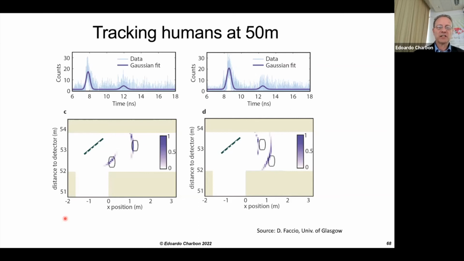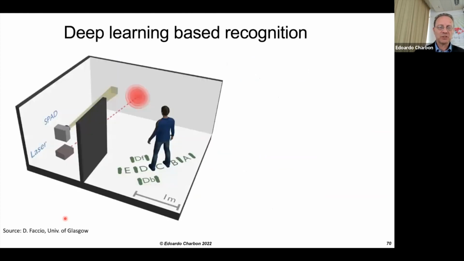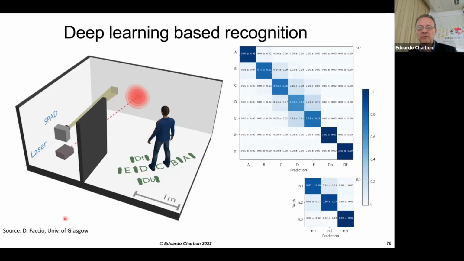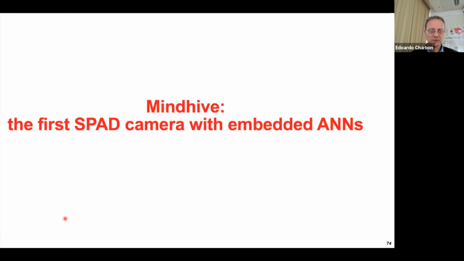And in this way, you can, again, use machine learning, implementing multiple reflections and realizing the positions of the object. So here you can see, for example, the reconstruction that was done, and the matrix that shows the recognition of the person, not only their position, but also the person that was responsible for the reflection.